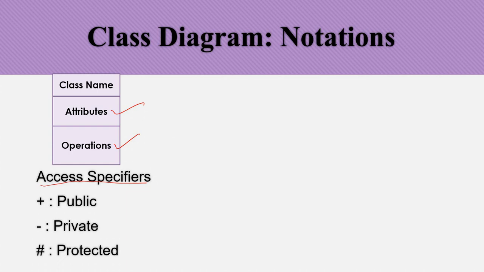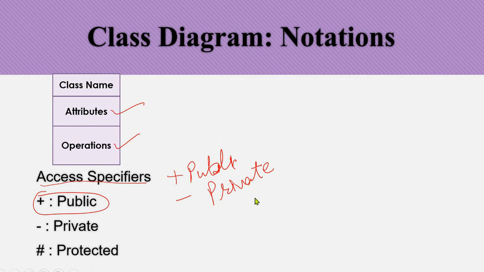For any object oriented language the access specifiers play a significant role. Here the plus is representing the public access specifier. The minus, or we can say the hyphen, is representing the private access specifier, meaning it will make the member a private member that cannot be accessed from outside the class or from the outside world.